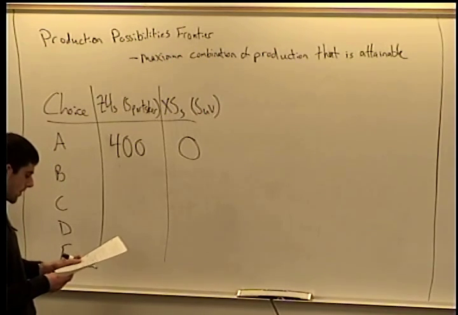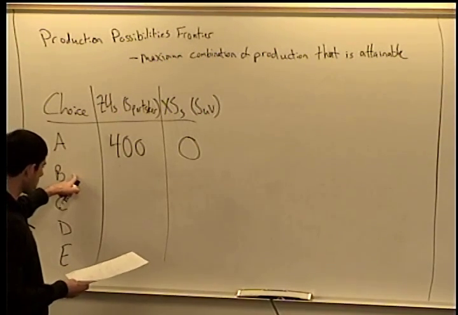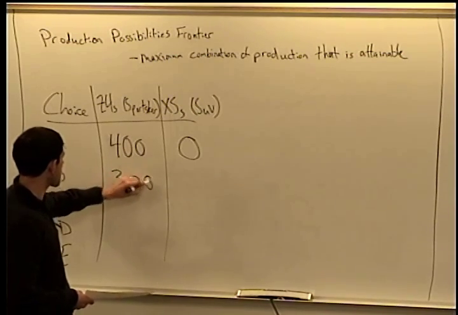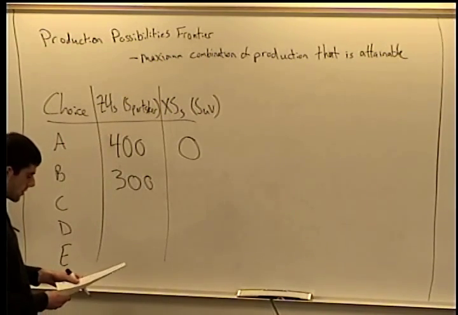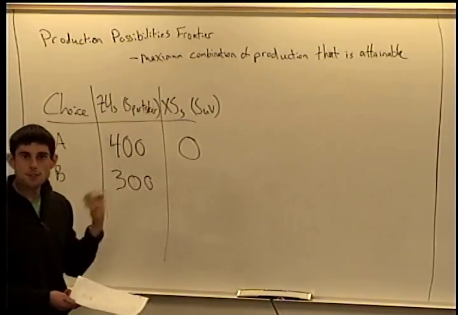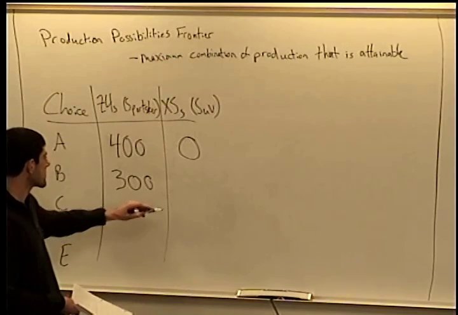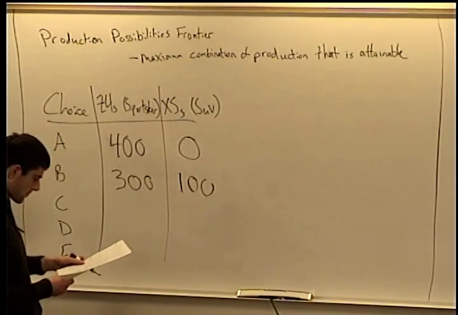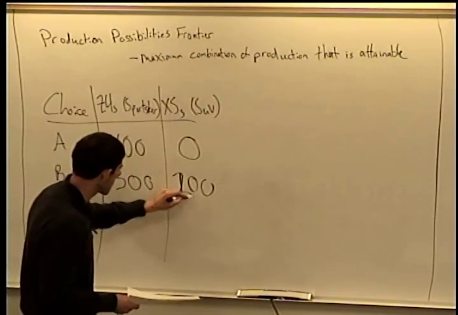Okay? The second choice, suppose point B, they could produce 300 Z4s. And if they did that, so they produced 100 less, that means that they have some time left over to produce SUVs. And with that time, they can produce, excuse me, 200.